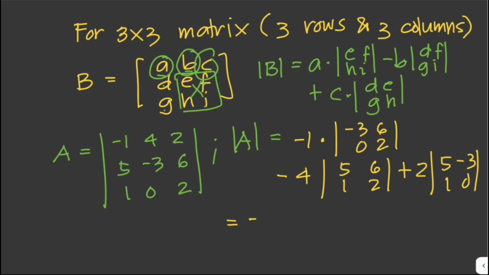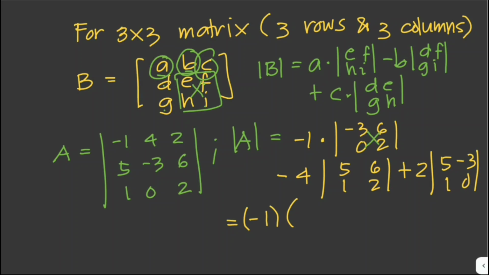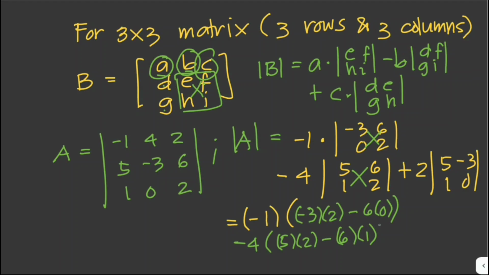Okay, this would be -1 times, let's solve for the determinant of this one. So this would be -3 times 2 minus 6 times 0. Then -4 times this one: 5 times 2 minus 6 times 1.